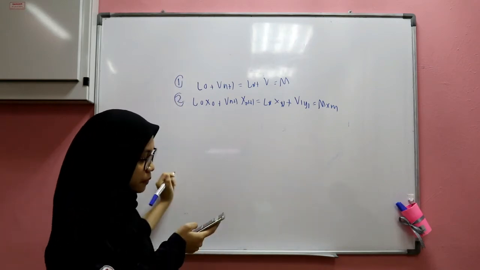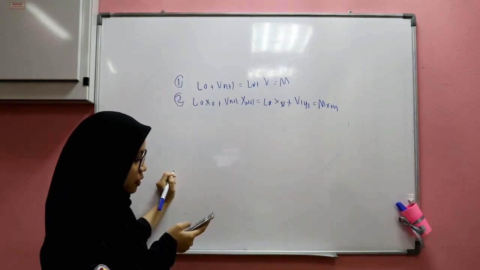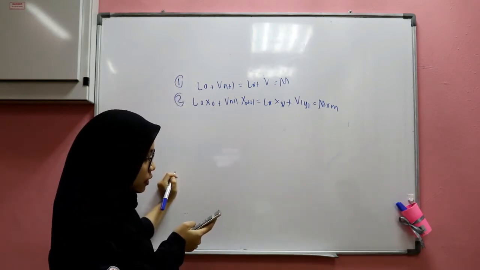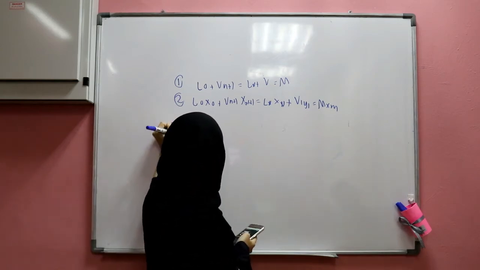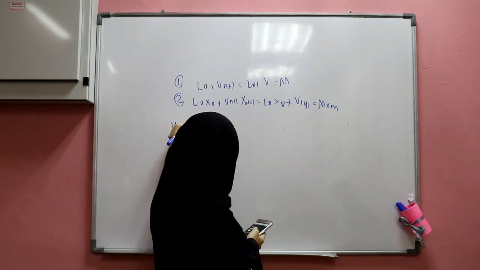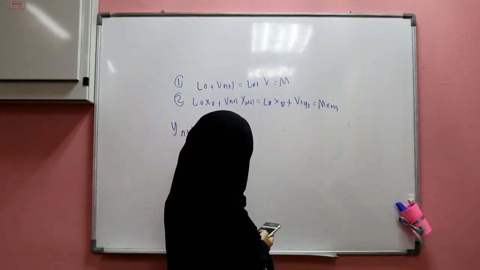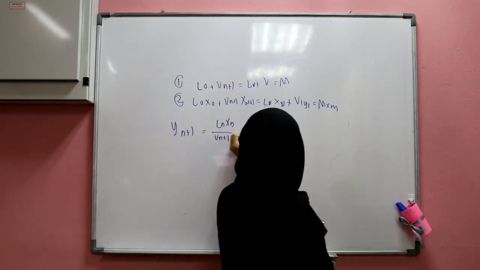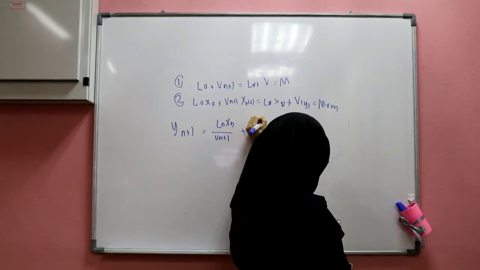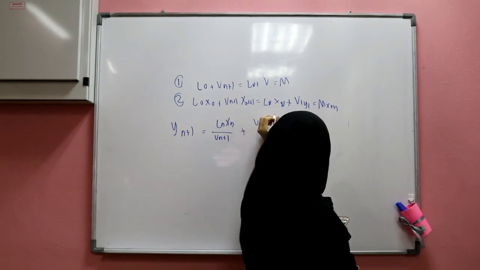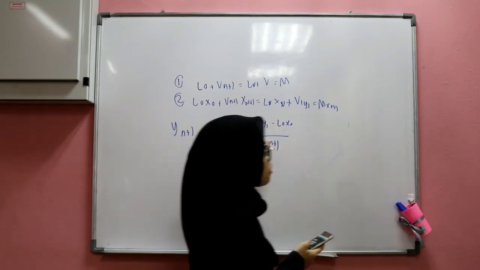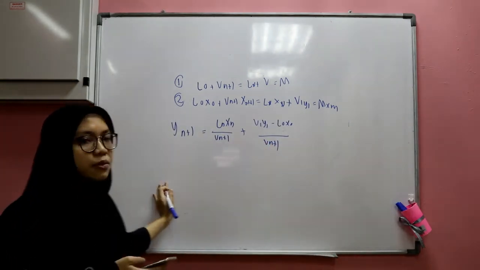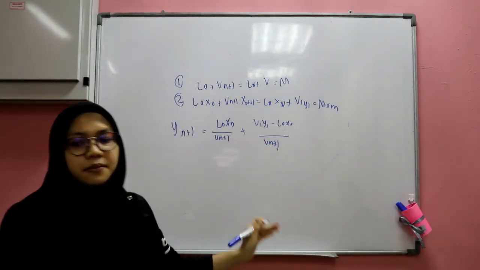The second formula, and the last one, is Yn plus 1 equal to Ln Xn over Vn plus 1 plus V1 Y1 over Vn plus 1 minus L0 X0 over Vn plus 1. After we do the material balance, we will do the graph.